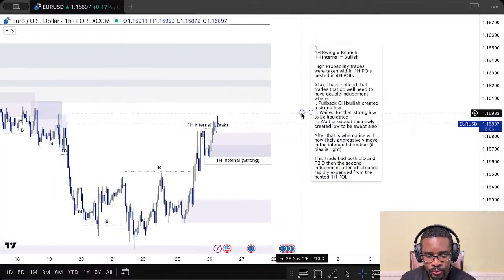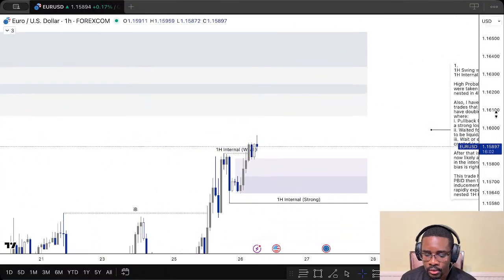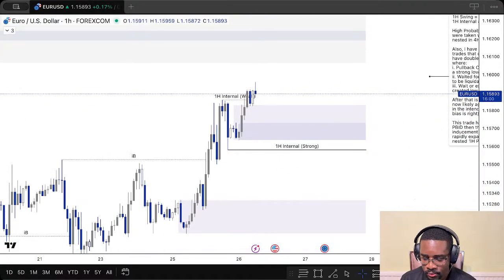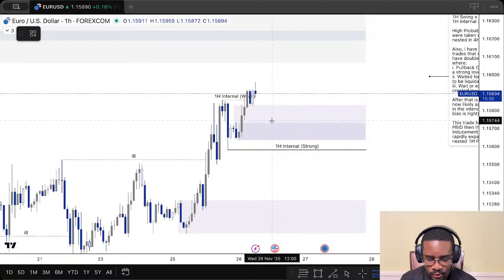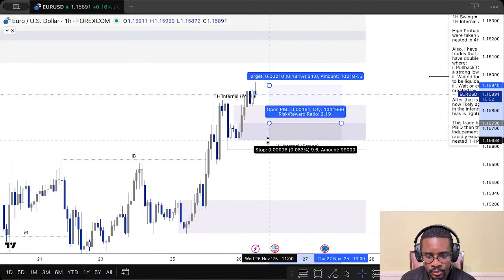So yes, there's room for price to move. We could be looking at, let's see, if we put our highs over there, going for longs.